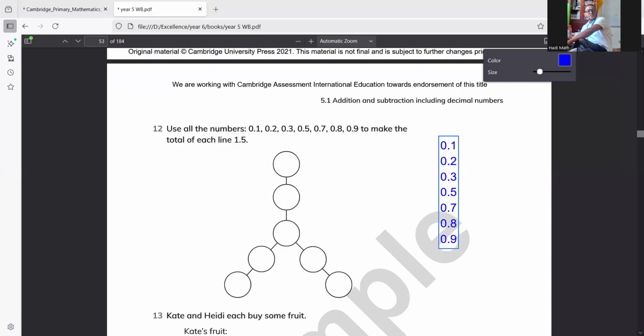Go and add them all: 0.1, 0.2, 0.3, 0.5, 0.7, 0.8 and 0.9. 1 and 2 is 3, 3 and 3 is 6, 6 and 5 is 11, 11 and 7 is 18, 18 and 8 is 26, 26 and 9 is 35, which is 5, and you carry over 3. All of them give you 3.5.